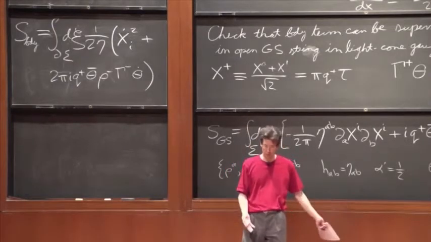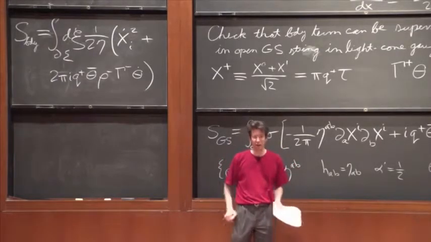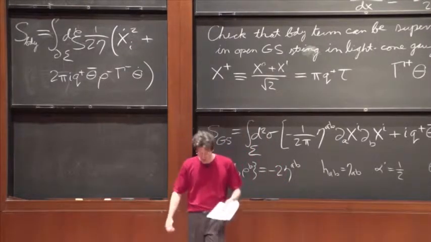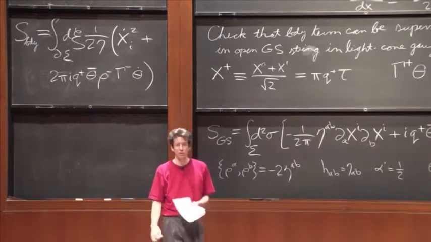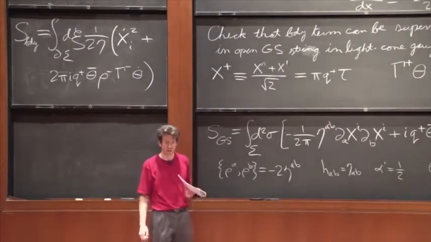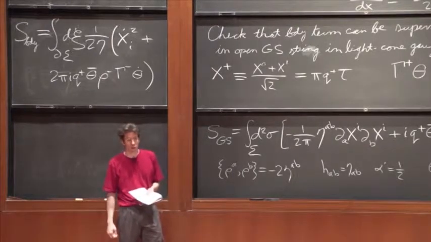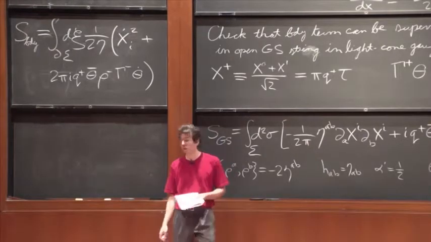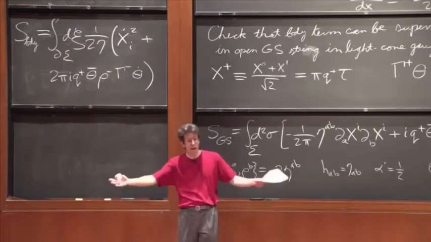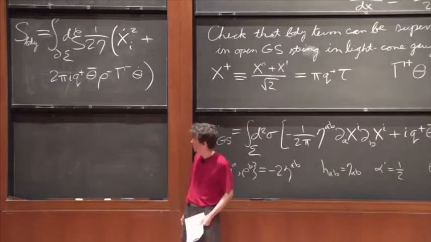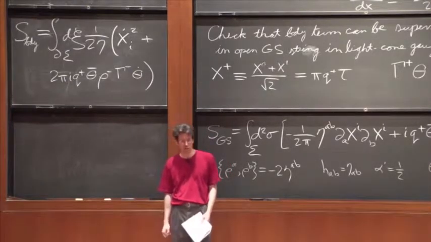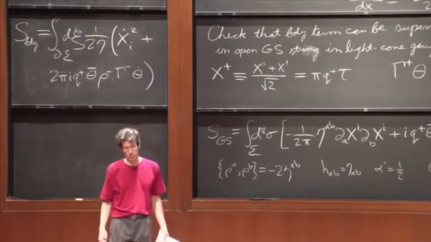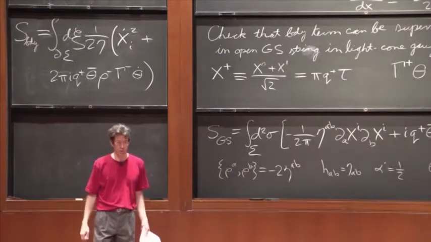People understand this fairly well, how to write down Kappa symmetric actions even in curved space-time. And I do feel that it should be possible to start with the Kappa symmetric action in some significant generality, and then consider special limits and recover the type of action that I wrote here. I haven't managed it, but that would be really a more convincing way to tell you that finite endpoint momentum is a part of superstring theory, not just ordinary bosonic strings.